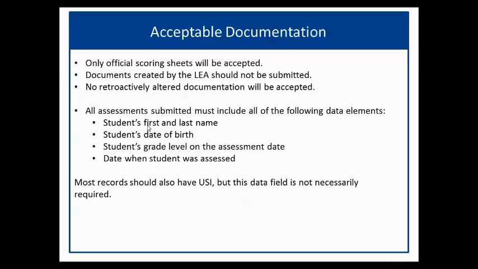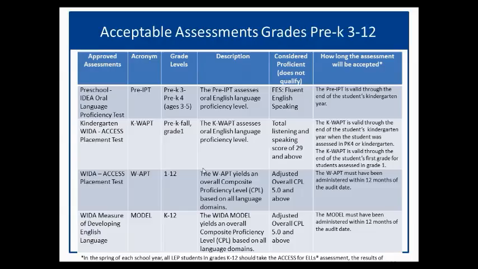All assessments must include the student's first name, last name, date of birth, grade level on the assessment date, and the date on which the student was assessed. Most of the screener score sheets have a space for the student identifier in which you should put USI, but it's not necessarily required.